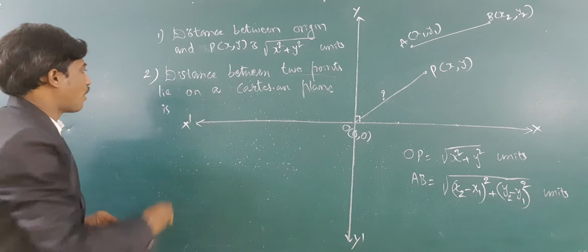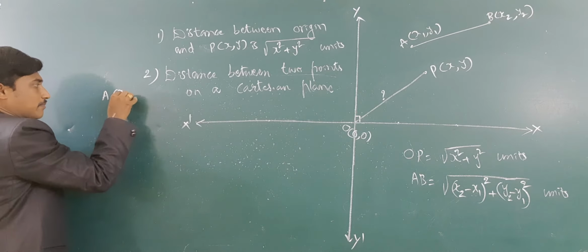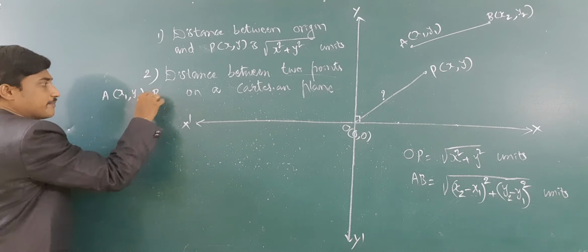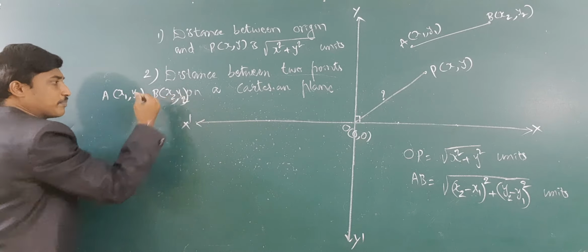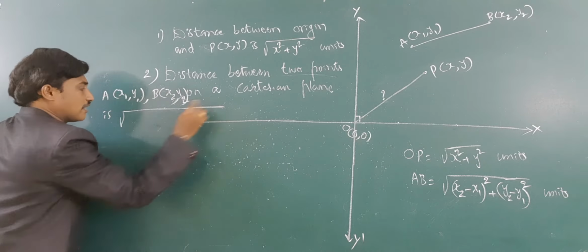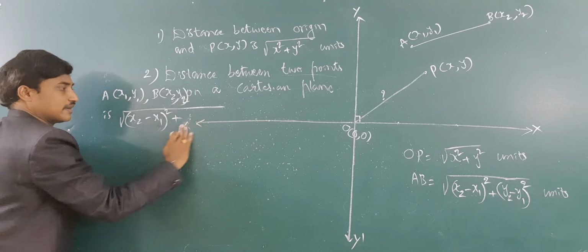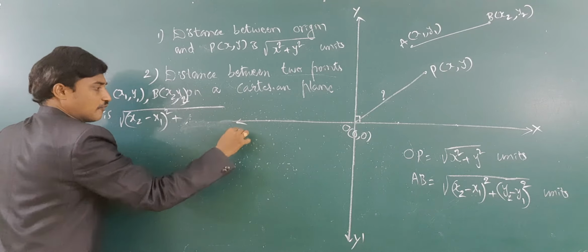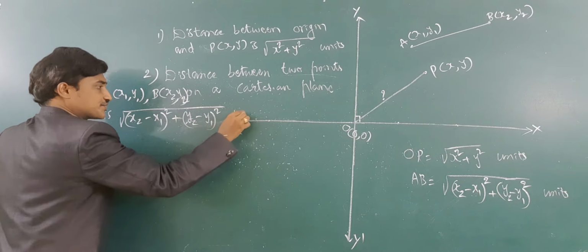The distance between 2 points A(x1, y1), B(x2, y2) on a coordinate plane is root of (x2 minus x1) whole square plus (y2 minus y1) whole square units.